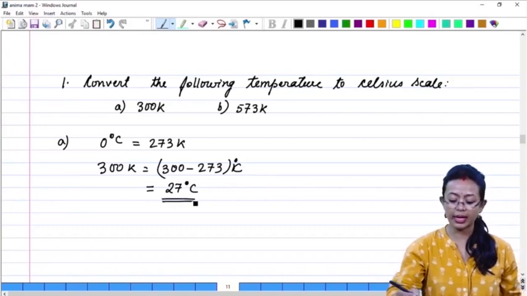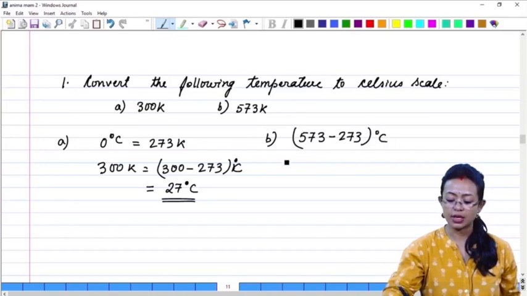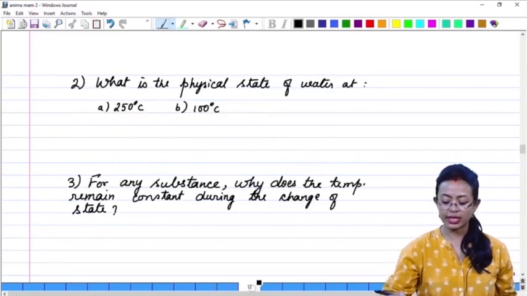That is your A. Whereas in case of B, it is going to be 573 minus 273 degree Celsius, which is equal to 300 degree Celsius. Fine. Now let's go to the next one.